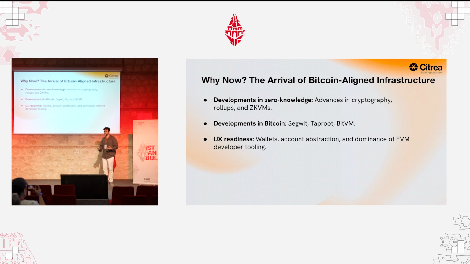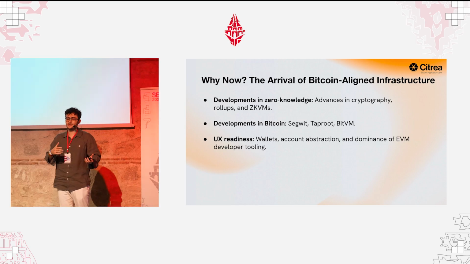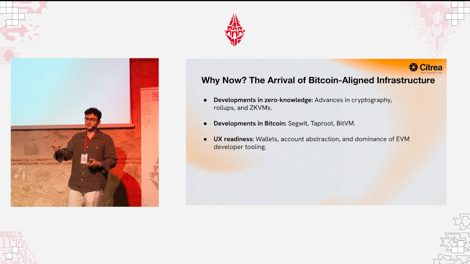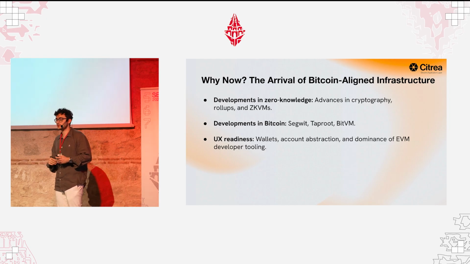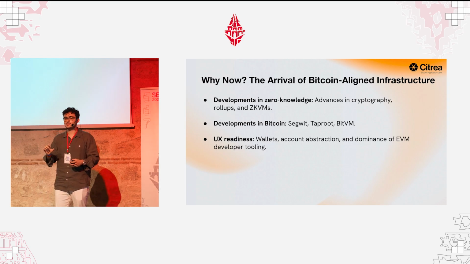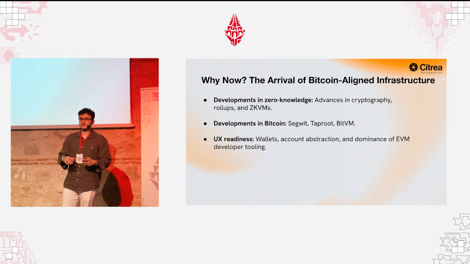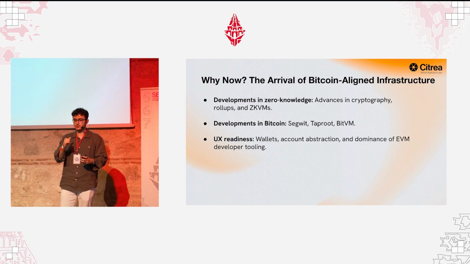Taproot brought in new scripting paradigms, which made it easier to put data on chain. Plus, it opened the way for development of BitVM. I'll talk about BitVM more, but in short, BitVM is kind of a black box that allows you to verify any kind of computation on Bitcoin.